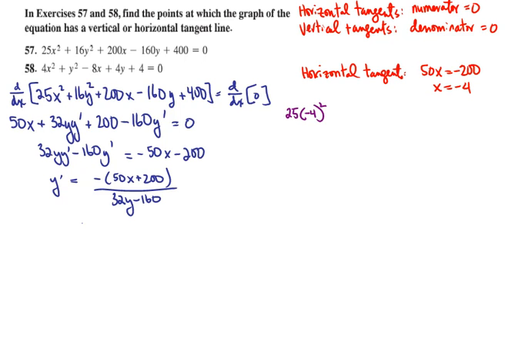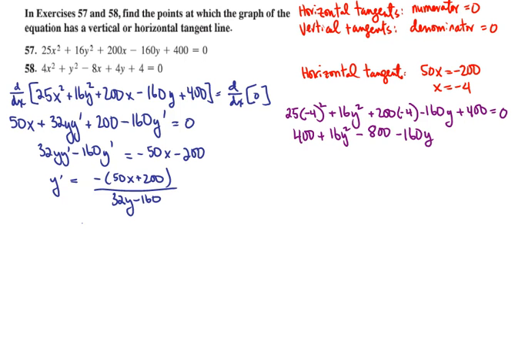So we'll have 25 times negative 4 quantity squared, plus 16y squared, plus 200 times negative 4, minus 160y, plus 400 equals 0. Now we simplify. Negative 4 squared is 16, 25 times 16 is 400, plus 16y squared minus 800, minus 160y, plus 400 equals 0.